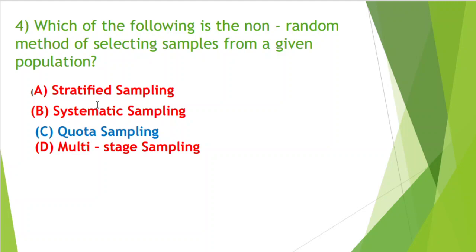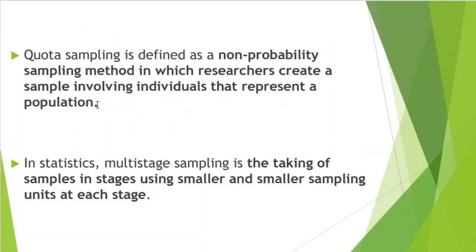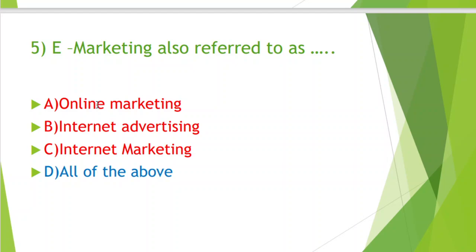Then next is the non-random method of selecting sample. The correct answer is quota sampling. Last one, e-marketing. E-marketing is also referred to as online marketing, internet advertising, internet marketing. So the correct answer is all of the above.